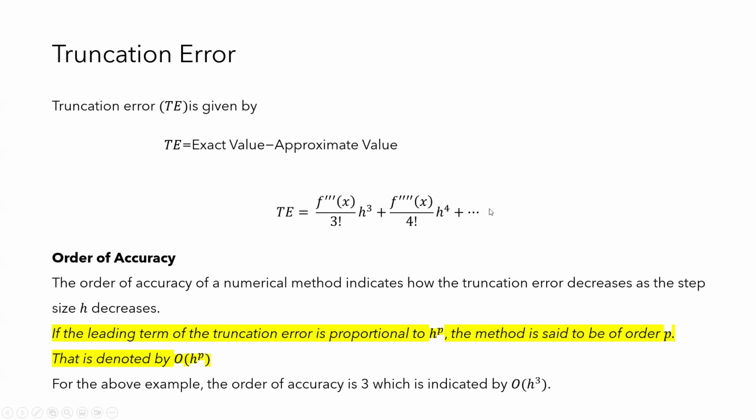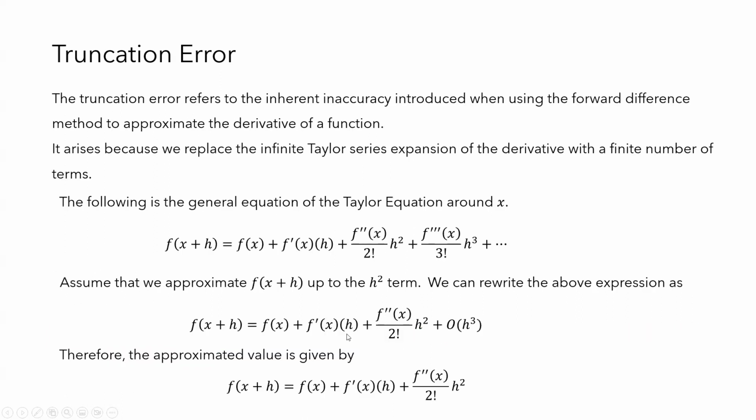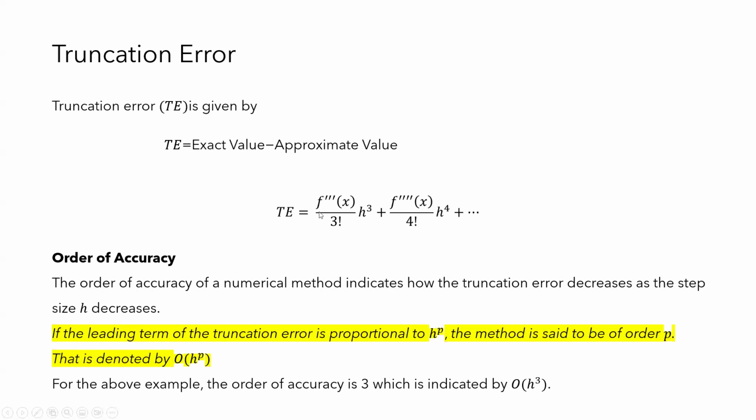So this is the expression for the truncation error for this example. Okay, don't confuse it with the forward difference method. This is a different example, and for this example, this is the error term.